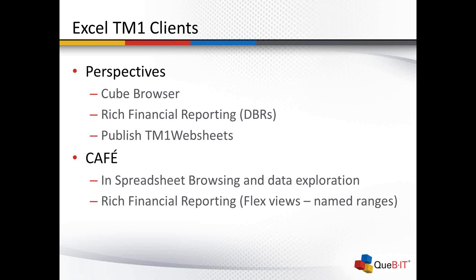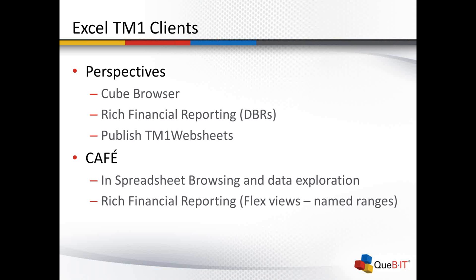In Cafe, you've got exactly the same functionality, but that cube browsing is actually in the spreadsheet, just like the in-spreadsheet browser that was, and in fact still is, in Perspectives, but not too many people seem to use. In Perspectives, you do your heavily formatted, comparative P&L type reports and complex balance sheets using DBR formulas, which pull values from the cubes. We're all used to doing that in Perspectives.